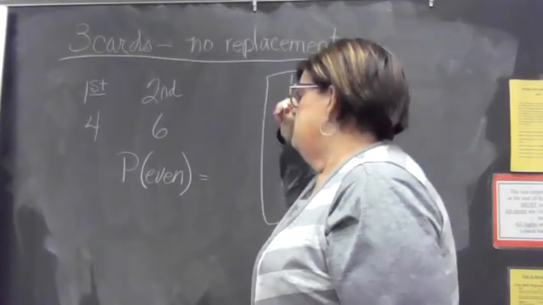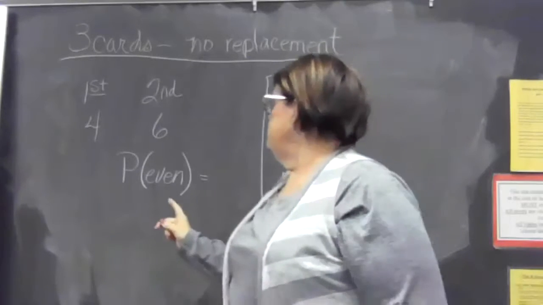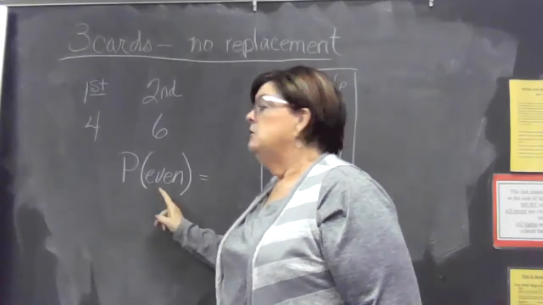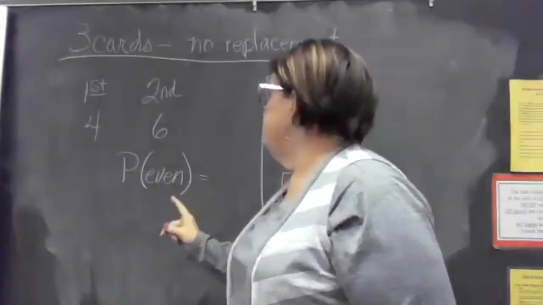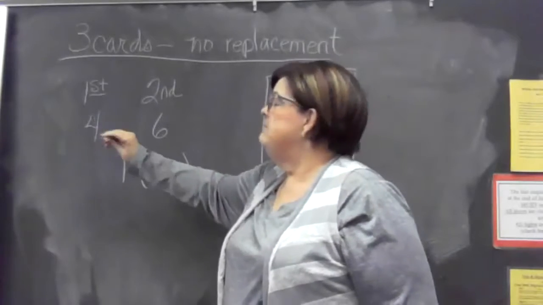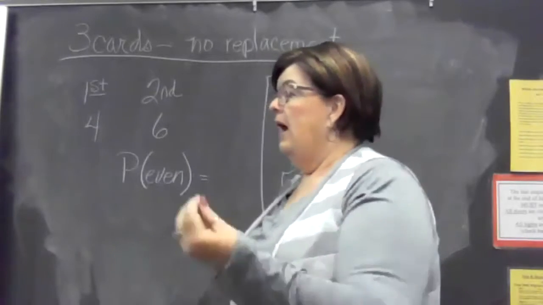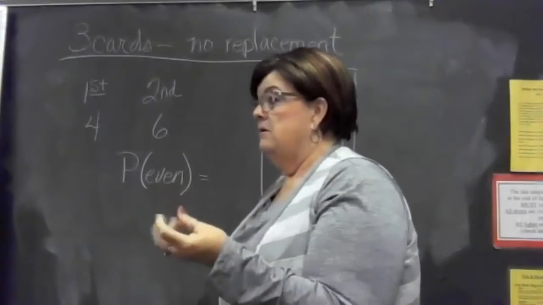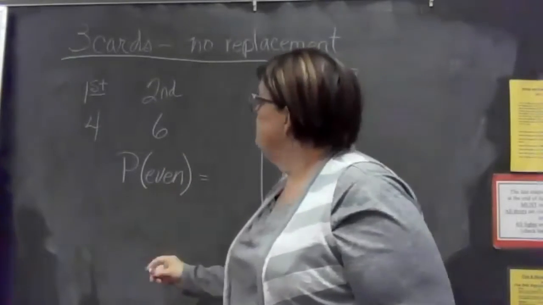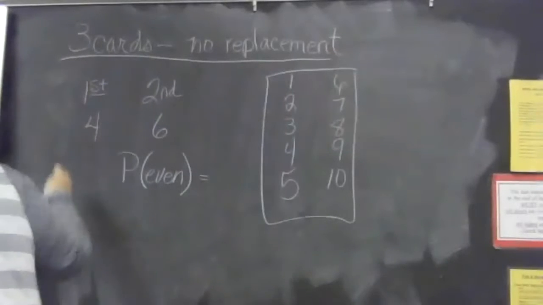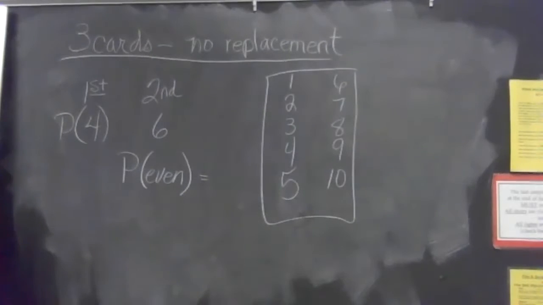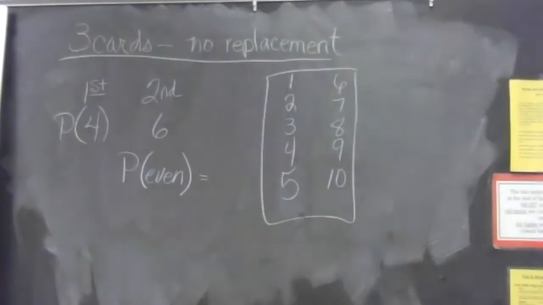So what it says is I want the probability that the third card is going to be even. Well, I'm going to reach in, and I definitely got a 4. What was the probability that I got a 4 when I reached in the box?